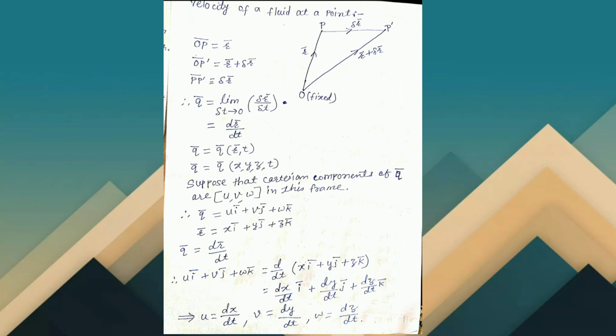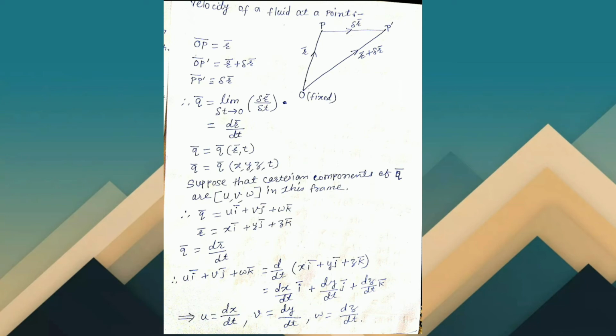From this figure, at time t, a fluid particle is at point P, where OP bar is equal to r bar, and at time t plus delta t, the same particle has reached P dash, where OP dash bar is equal to r bar plus delta r bar.